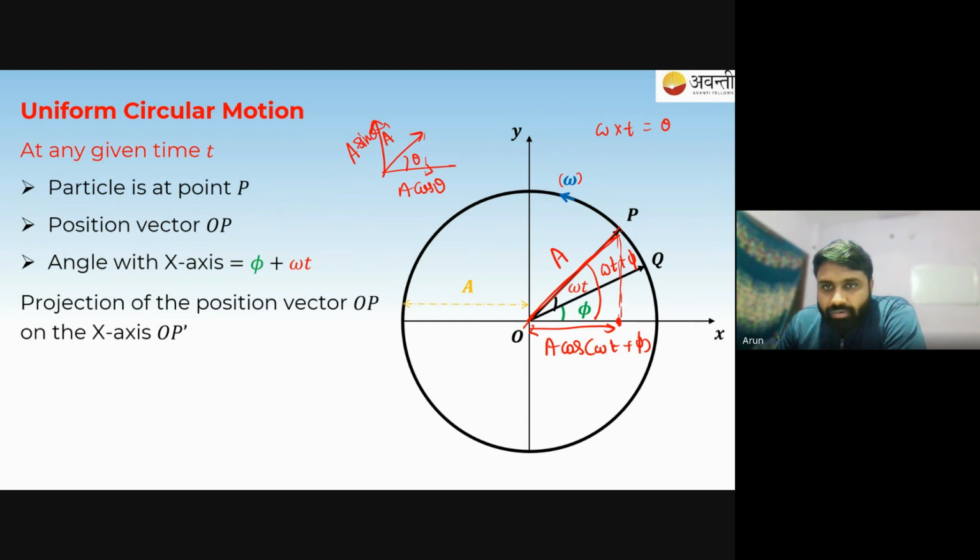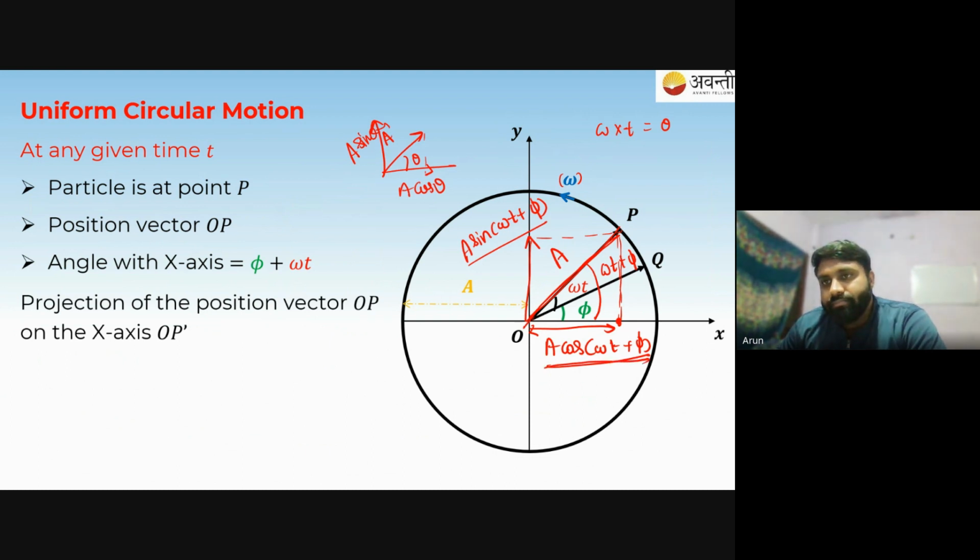The horizontal component is a cos theta, where theta is omega t plus phi, and the perpendicular component is a sin(omega t plus phi). From here you can note that about the diameter, this is a periodic function, and you can say it is also a simple harmonic function.